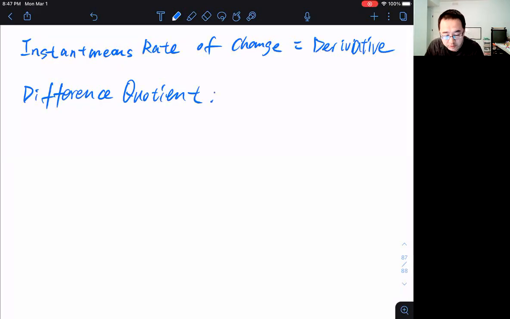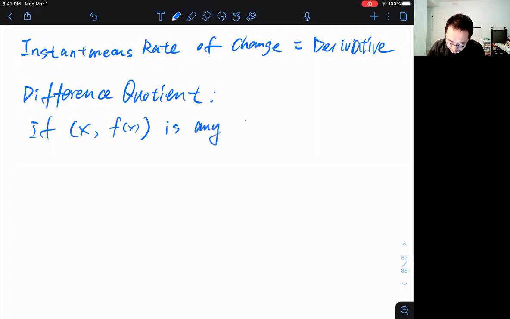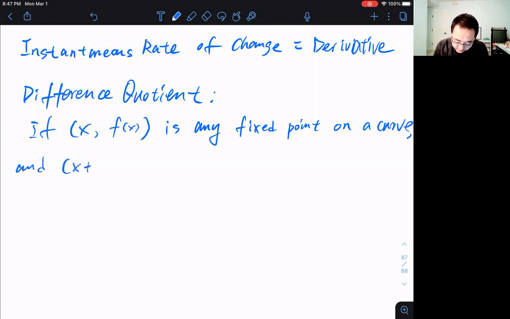Okay, the difference quotient says, well, if x and then f of x, or you can think of this as x and y, is any fixed point on the curve, and x plus h is any arbitrary number, then f of x plus h is another point.